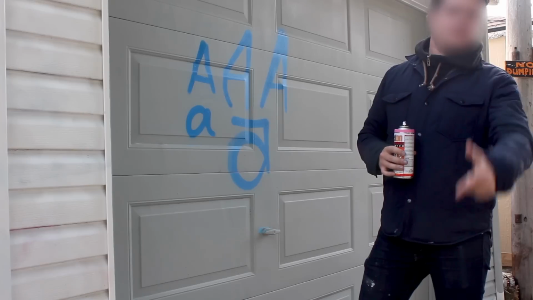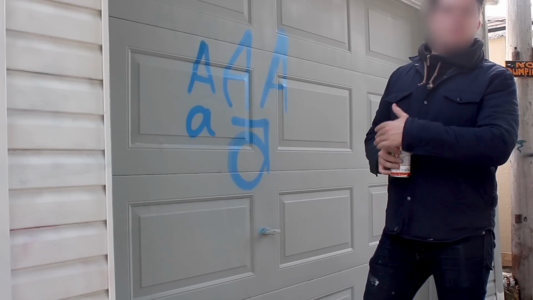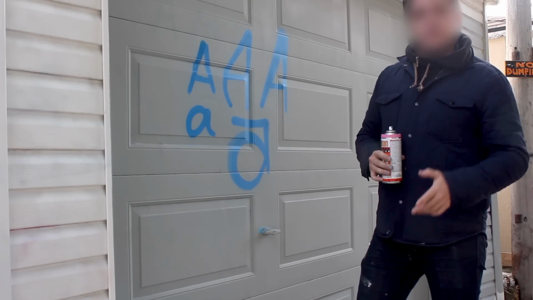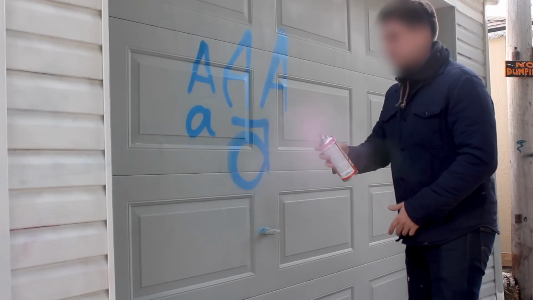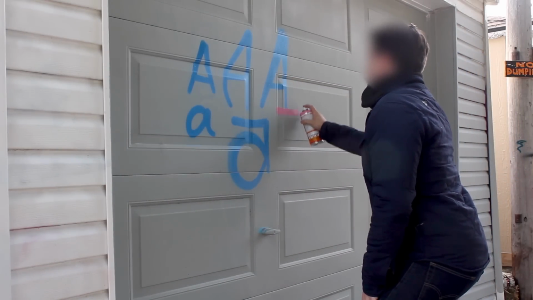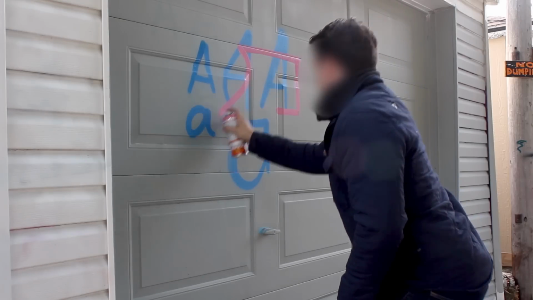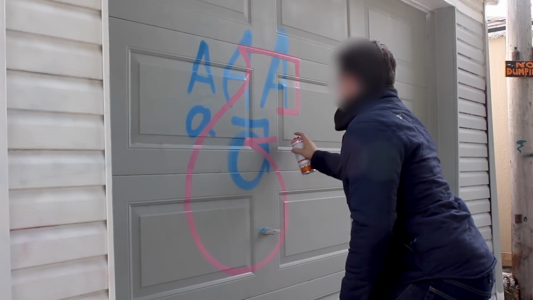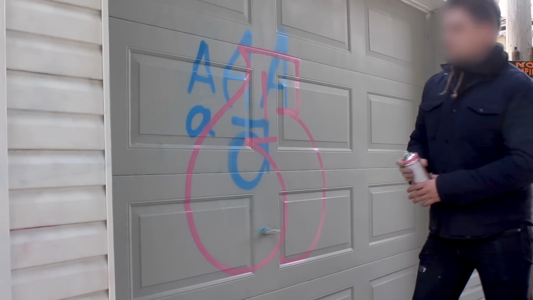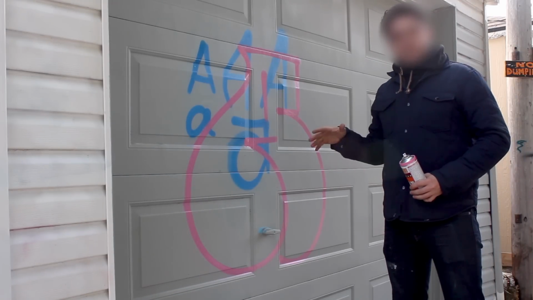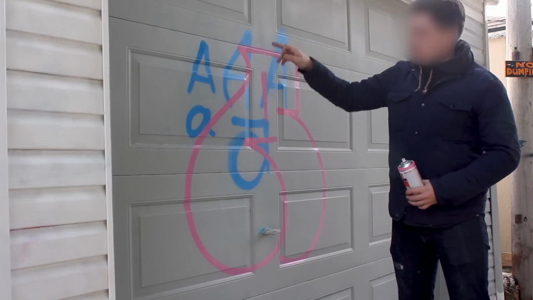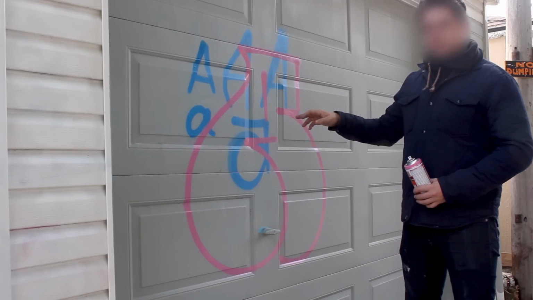So now I'm going to get into my hip hop stance and start a bubble letter A. In this case, I'm going to go with a big letter A just to see what this looks like. Now this might be a little bit harder to see just because it's the pink over the blue, but I'm going to guide you through it.